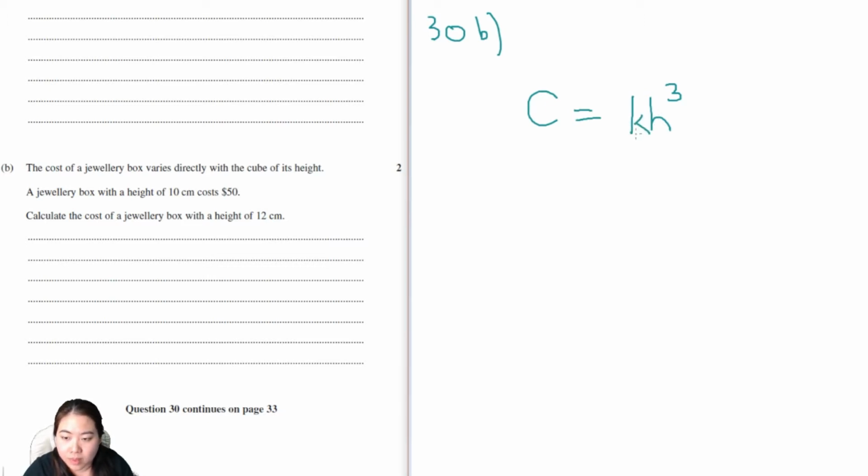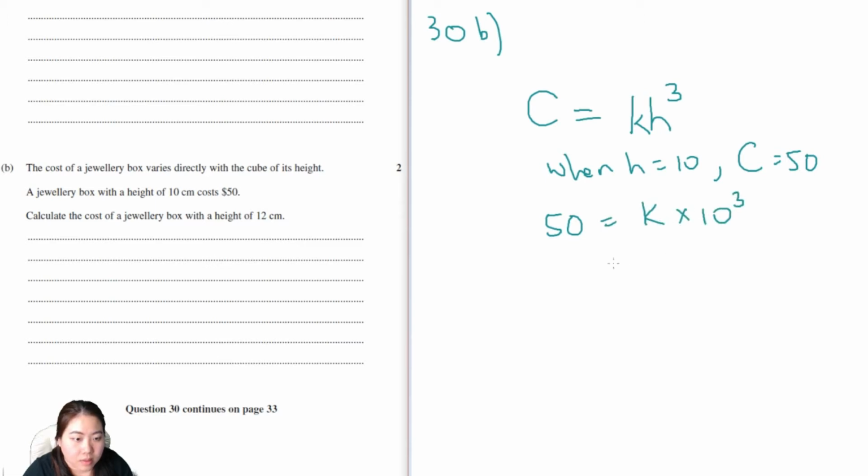We know that when the height is 10 centimeters, cost is $50. We sub that in and we can find the constant.